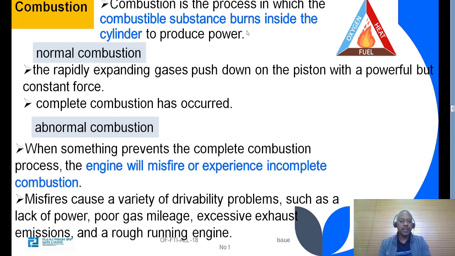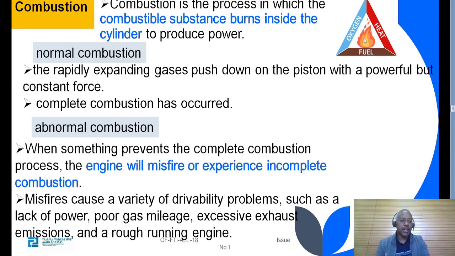For the combustion process, we need three separate things. The first thing is the flammable, which is fuel, and we have a catalyst, which is oxygen.